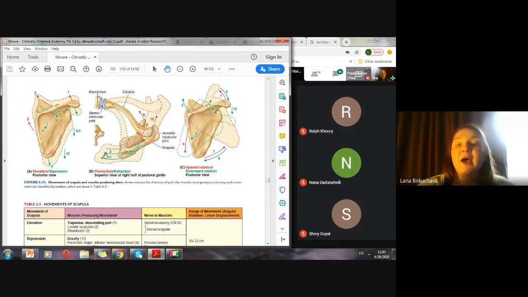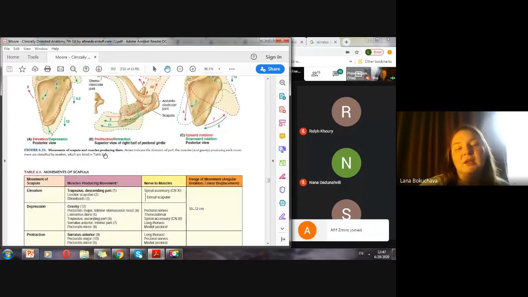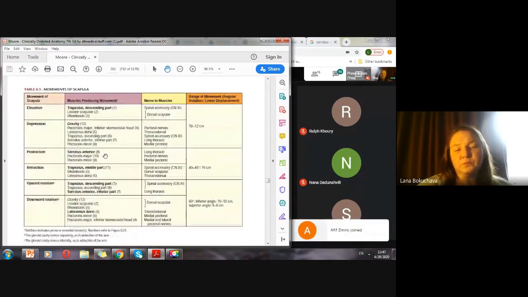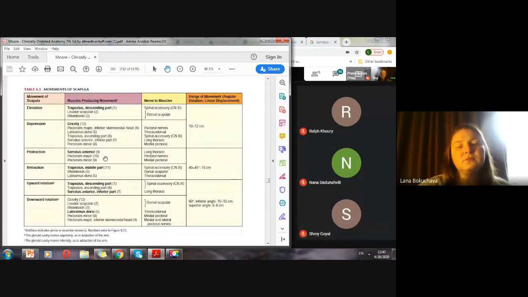Now you will say, okay, but we also have the ascending part of the trapezius muscle. Imagine that it is attached, and imagine that it is contracting. What type of muscular movement can you expect here? It will be contributing, though not that much, to depression.